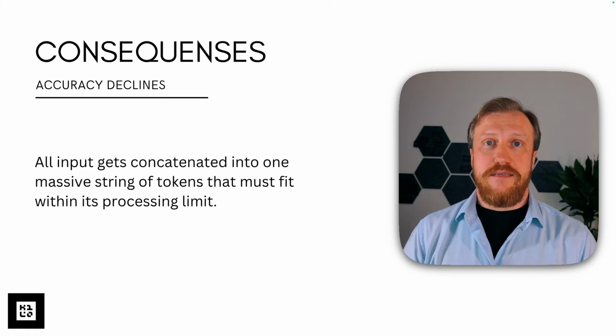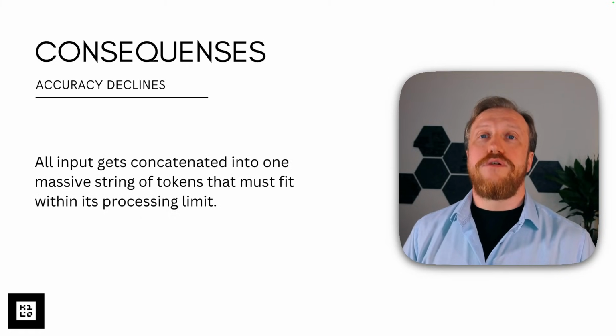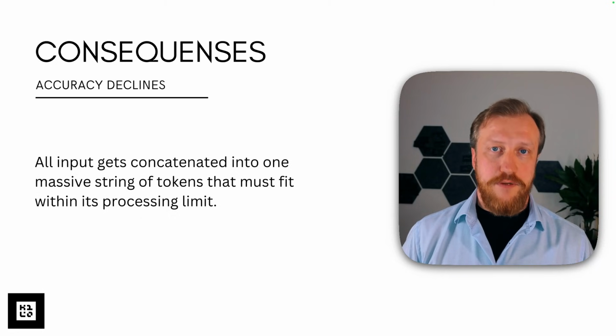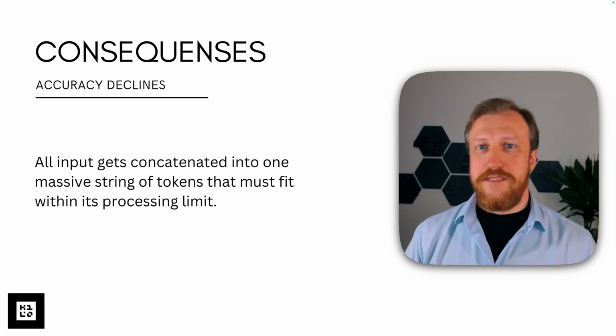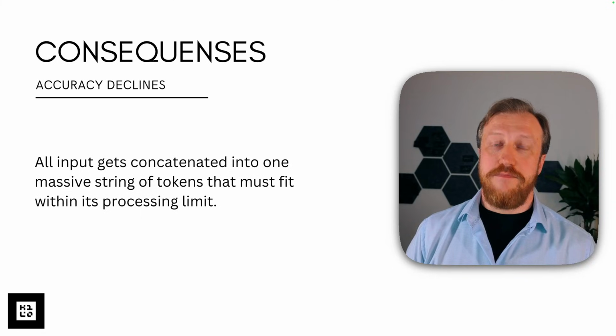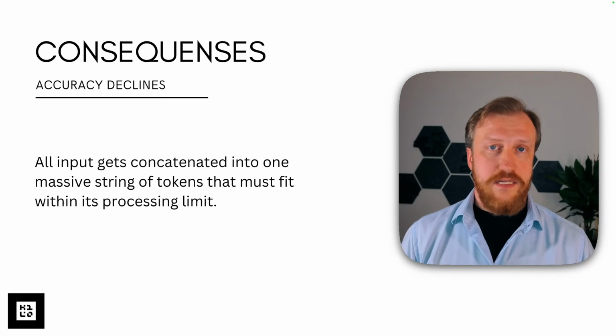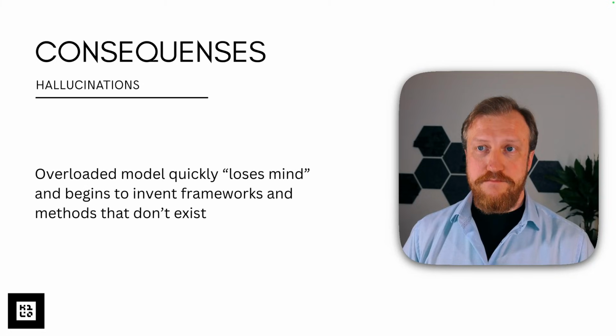That's why we use XML to try to help the model understand where the example ends and the problem description begins. Sometimes it works, sometimes it doesn't, but the more context there is, the harder it is for the model to understand what we are talking about.